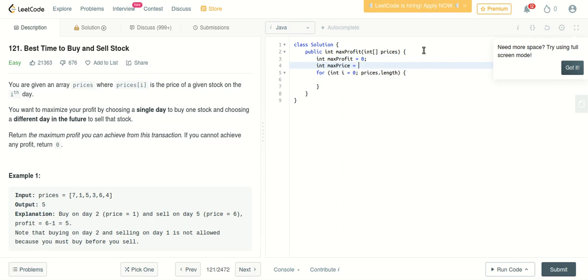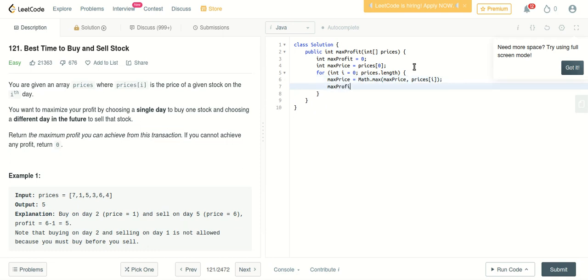Maximum price, let's start with 0. We should not start with 0. Probably we should start with the first price. And what's the first price? First price is prices[0], and here we would figure out max price equal to Math.max of the current price. And what is the current price? Price is prices[i].